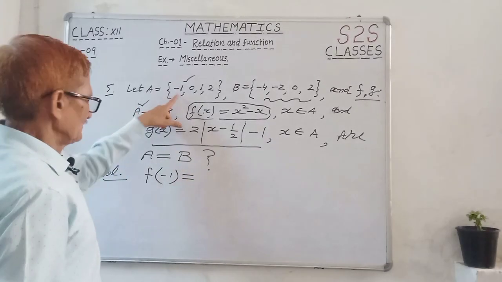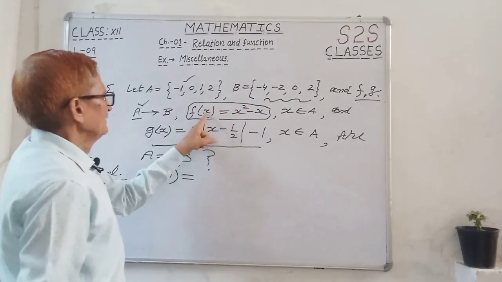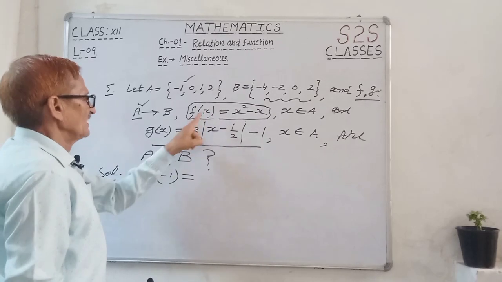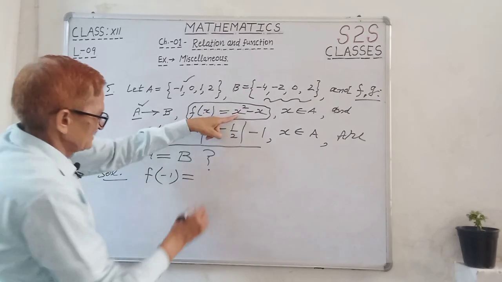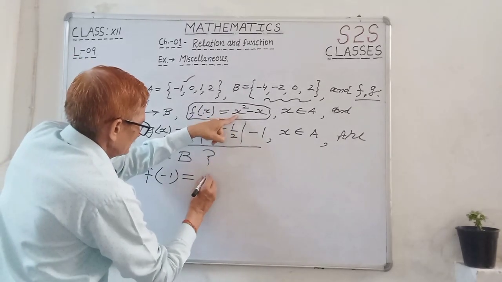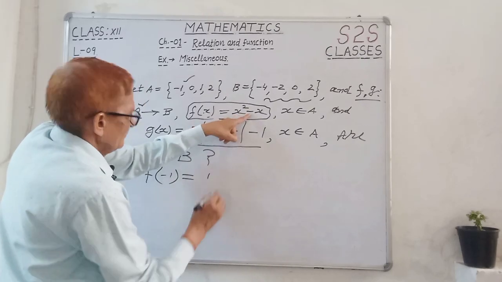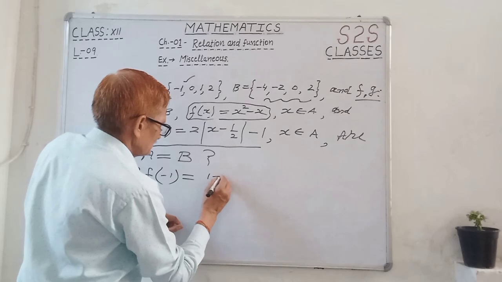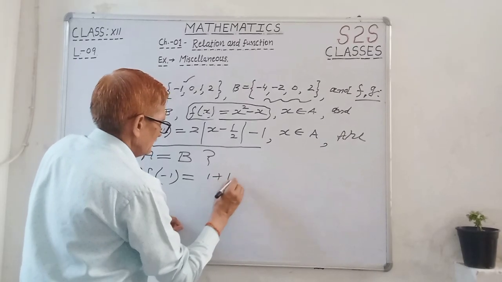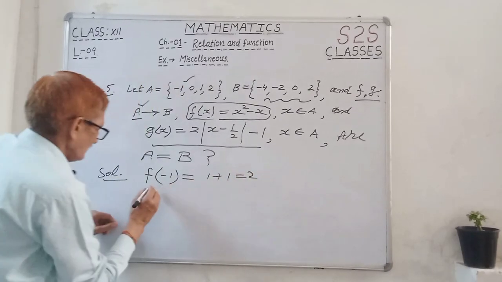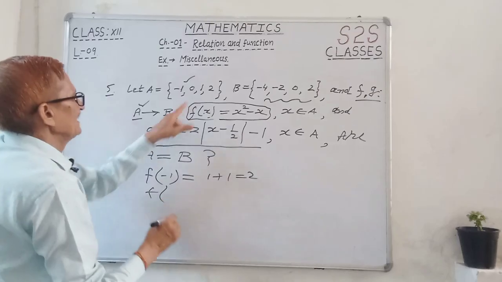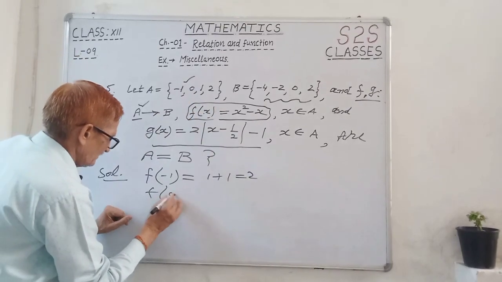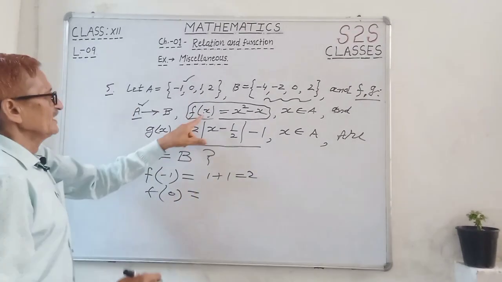Putting x equal to minus 1 in the function x squared minus x, f(-1) is (-1) squared, which is 1, minus x, which is minus minus, plus 1, so it is equal to 2.